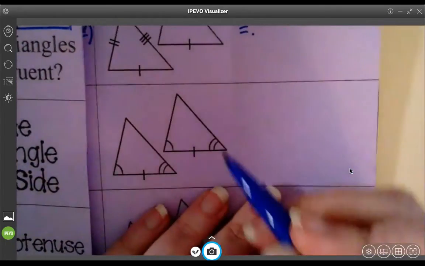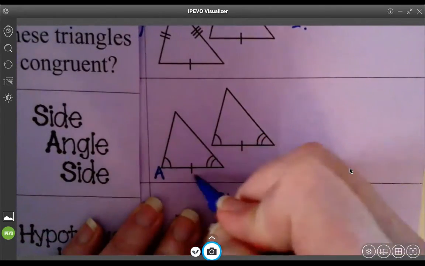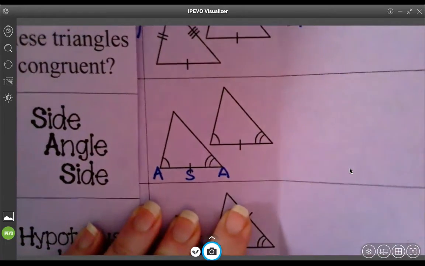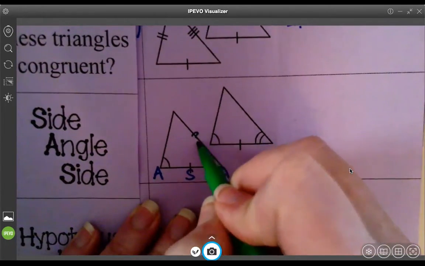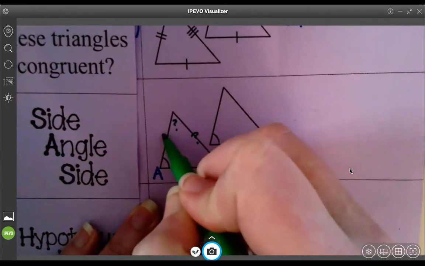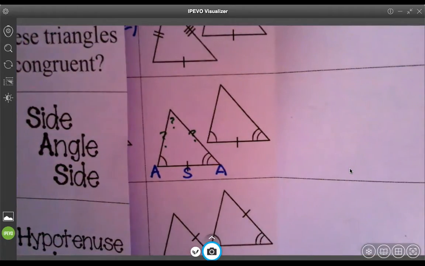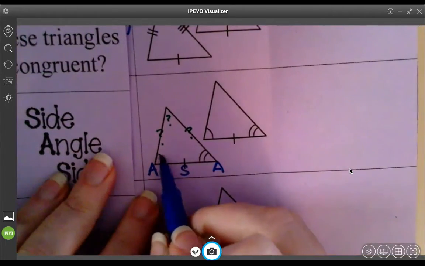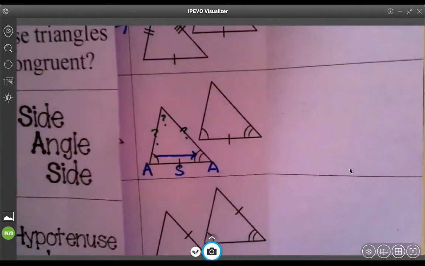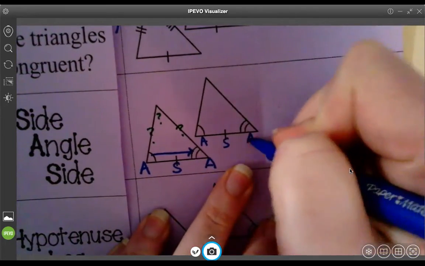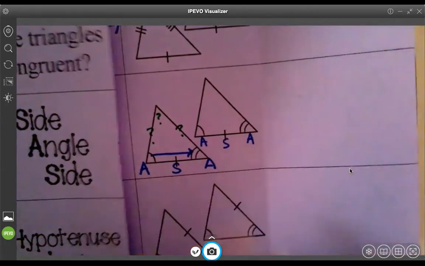So that is angle, side, angle. And your question marks, your gaps are here and here and here. So when you're reading this, your path with the fewest gaps is just straight across that one side, just like that. Same thing on your other triangle. You have this angle, you have this side, you have this angle, and then you have all these gaps up here.